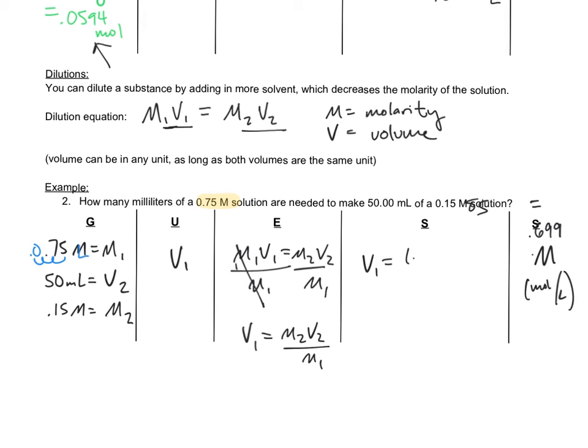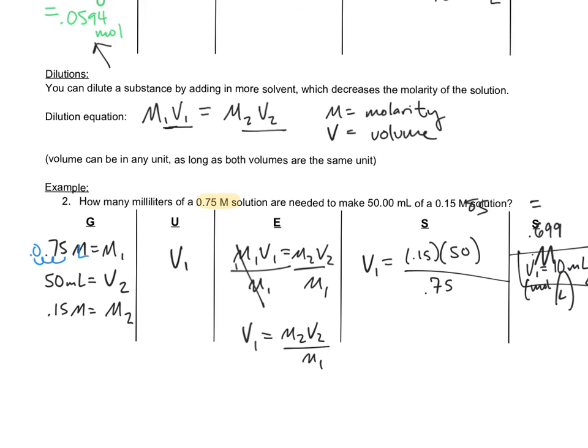M2 was 0.15 times V2, which was 50. Remember, these can be in milliliters. And that's divided by M1, which is 0.75. Then you type that into a calculator, which is going to get you a volume 1 of exactly 10 milliliters.